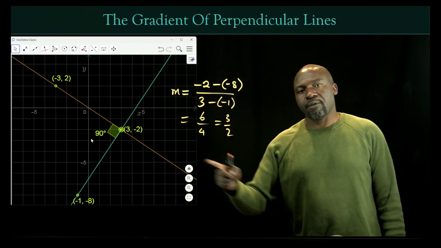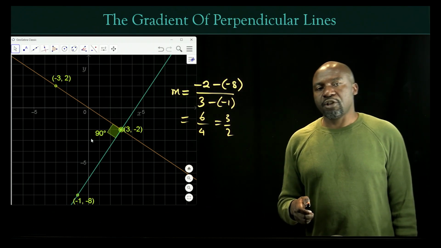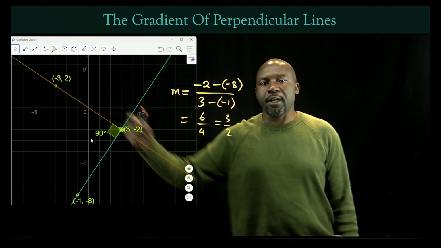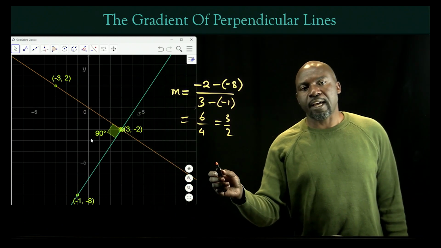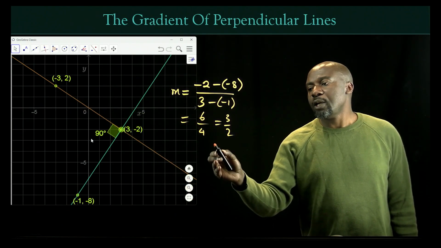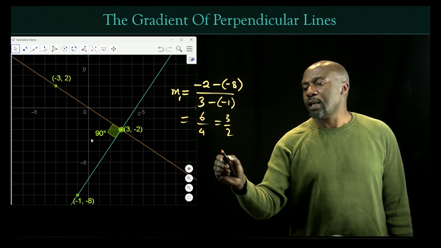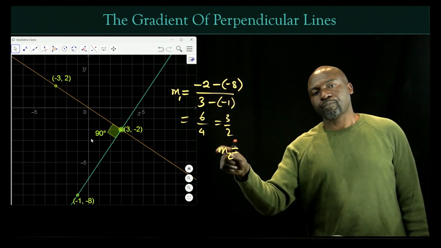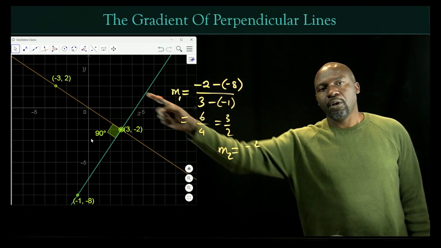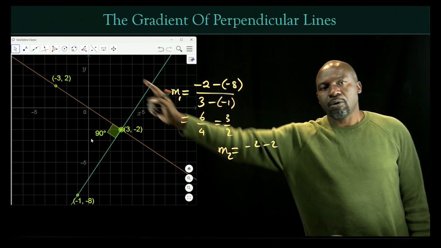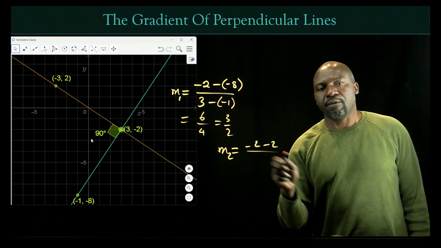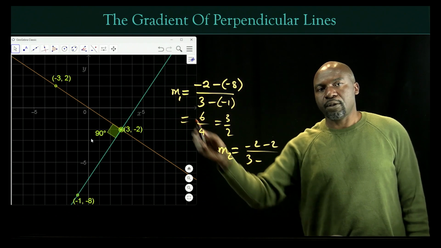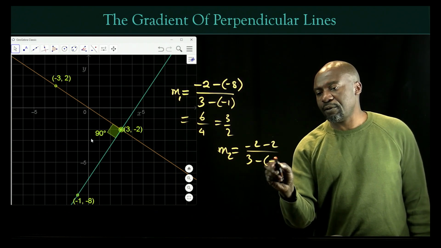If we do the same thing for the orange line there, now we pick that point and that point, we should be able to see it directly. I'll do it a bit faster now. Let's call that line 1. Then our line 2 has a gradient of -2 over 3, because that's the last point, divided by 3 minus -3.